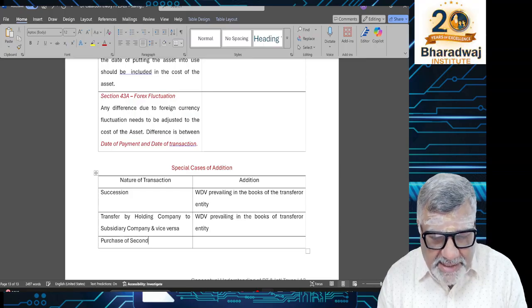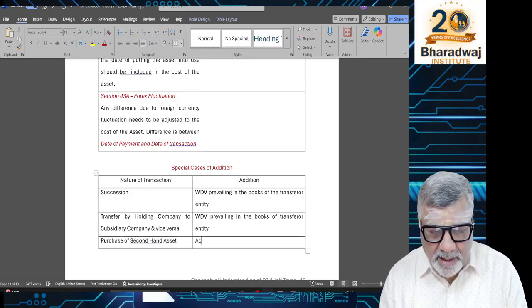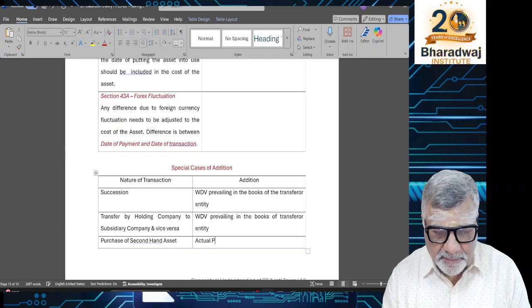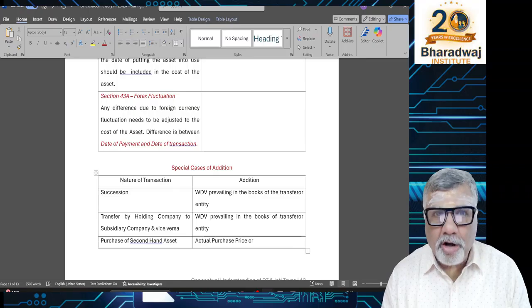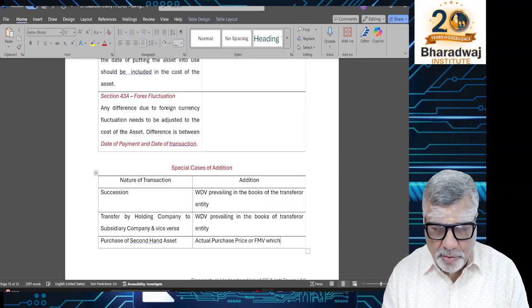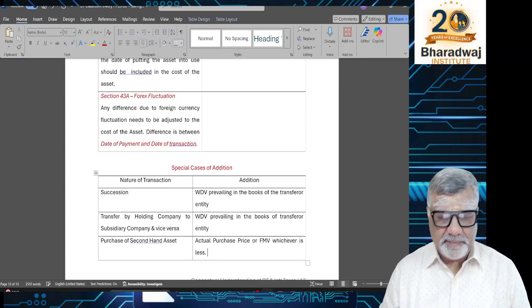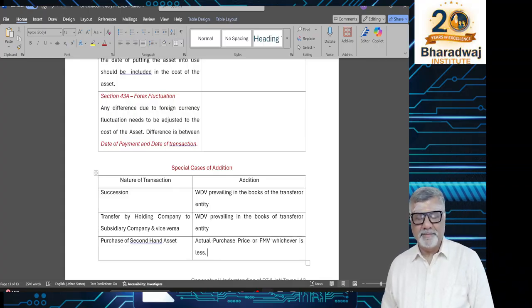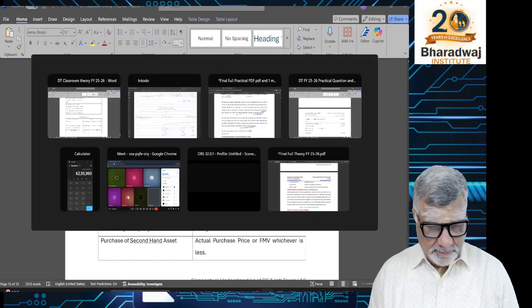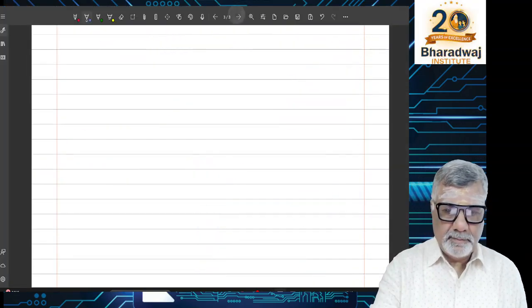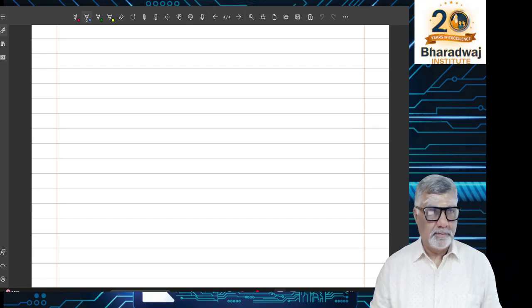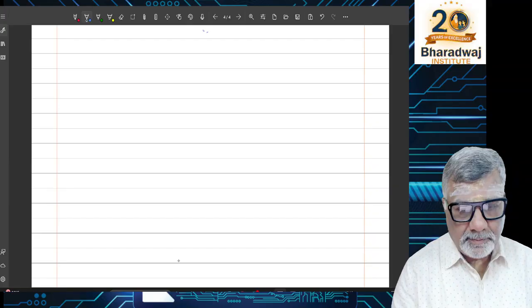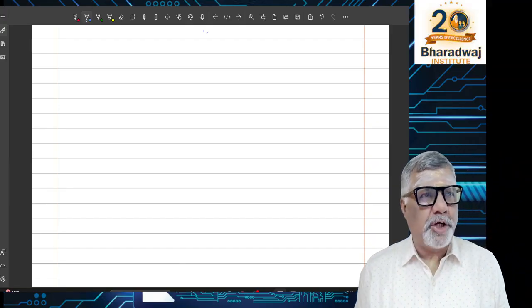Purchase of second-hand asset, actual purchase price or fair market value, whichever is less, will be allowed, will be added to the cost.